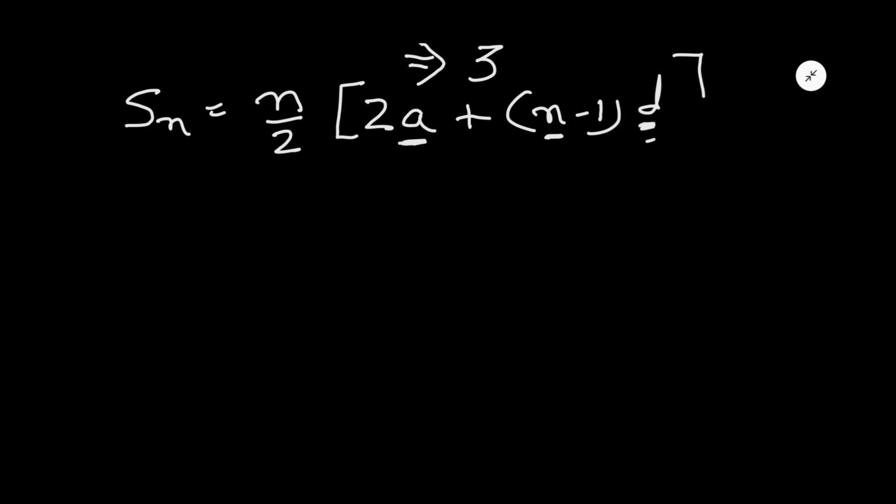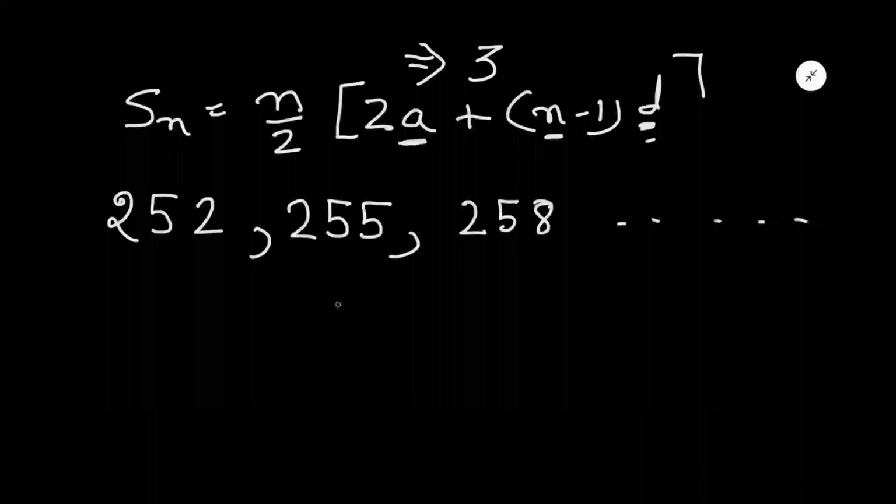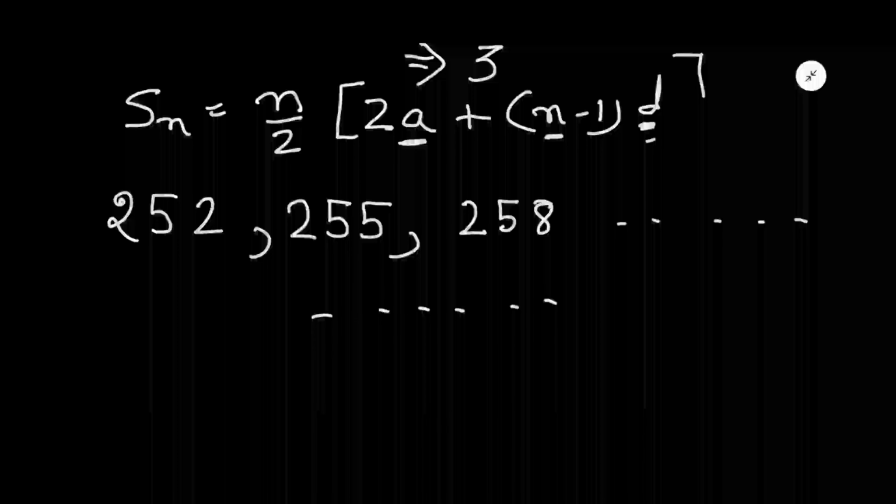So we will write our arithmetic progression. So we will write all the numbers between 250 and 1000, which are exactly divisible by 3. So here we have to find our nth term, which is also known as an, or we can say our last term, which is known as l. So here 1000, and if we decrease one number, it's 999.